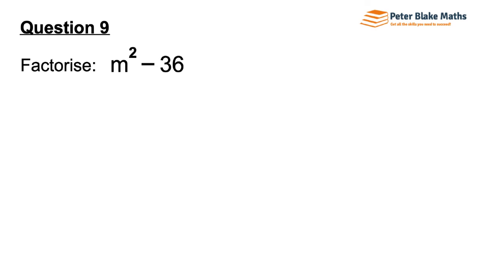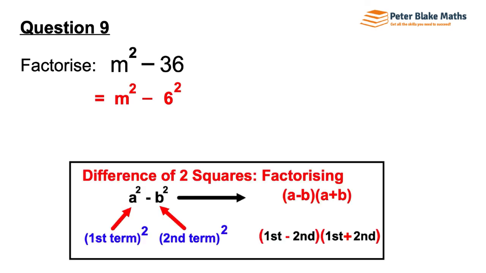So we know this is going to be one of those fancy difference of two squareds questions. The difference of two squareds, you'll recall that if we can write two expressions as one thing squared minus another thing squared, that fits into a special pattern in which the factorised version is one bracket with the first term minus the second term and multiplied by another bracket with the first term plus the second term.